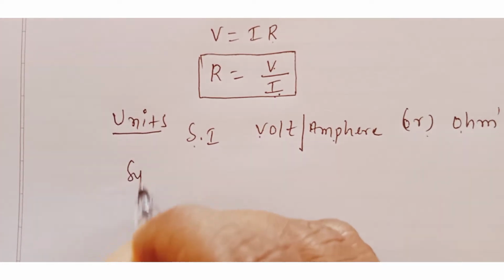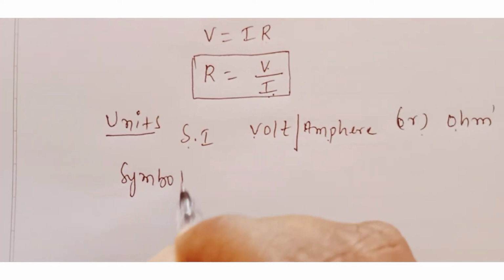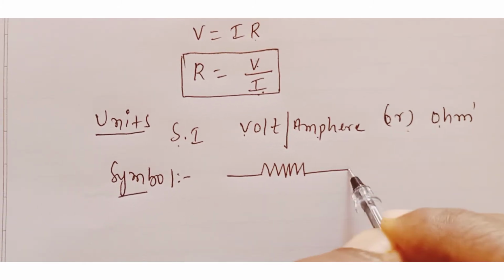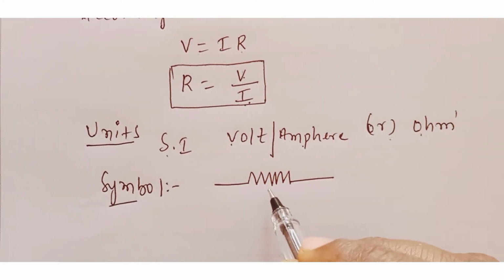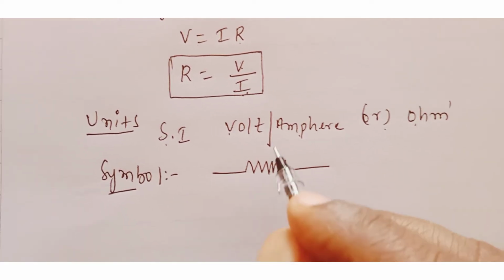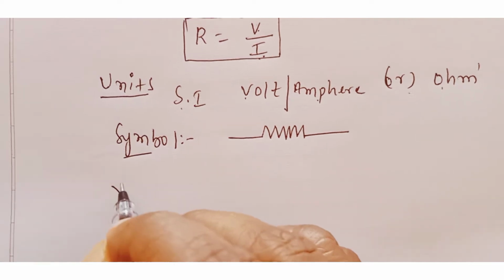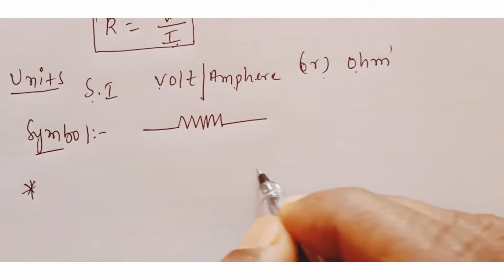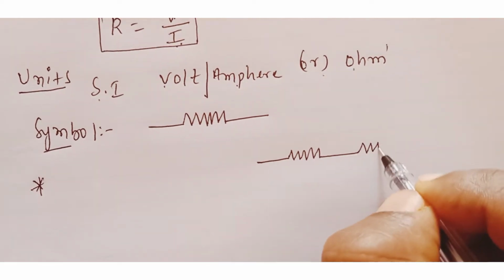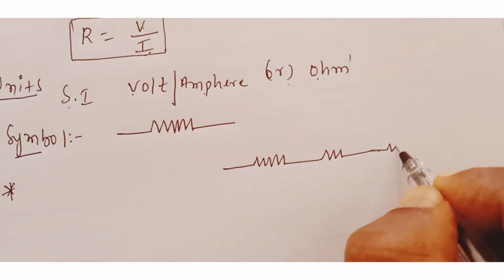Symbol of resistor. This is the resistance symbol, the symbol we use for a resistor in the circuit. Now, I take three resistors. This is one resistor, second one, and third one.